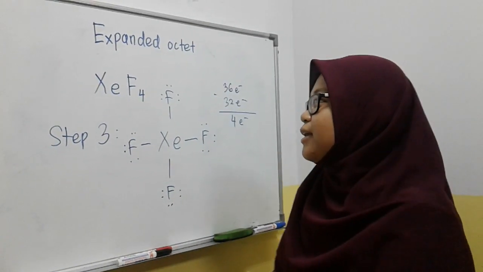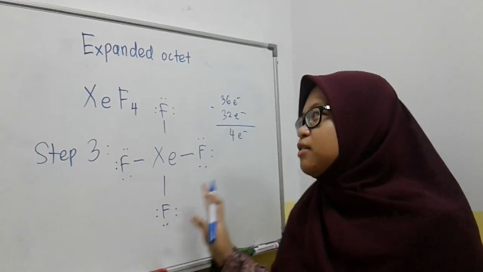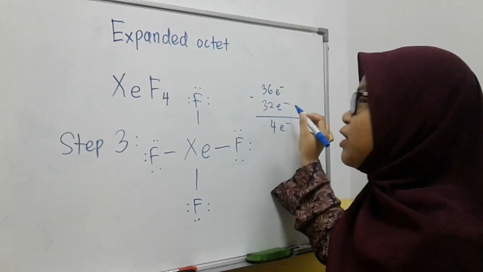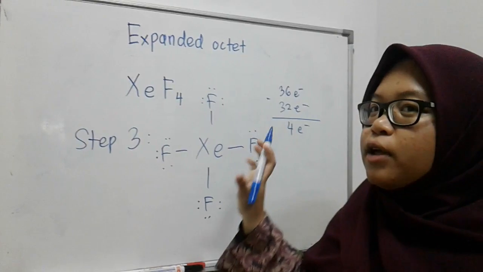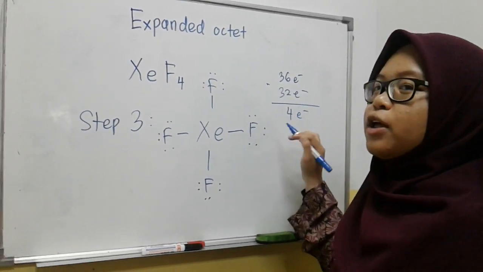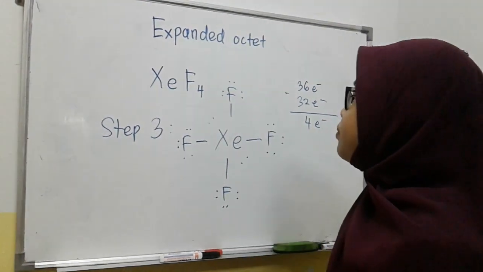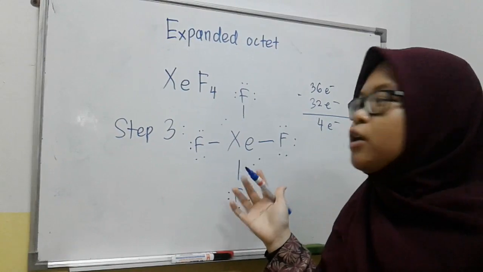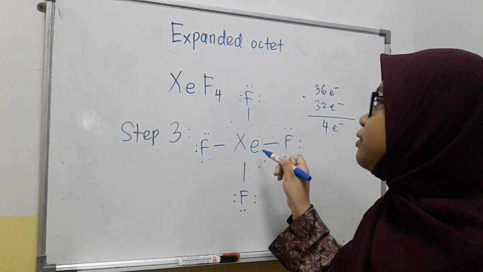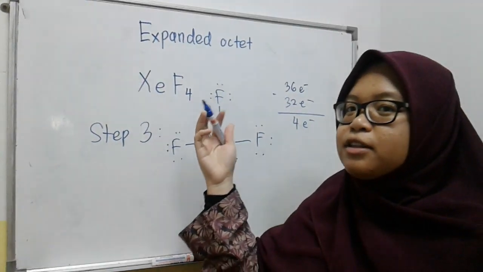Okay. Right. So if you can see, the structure shows 52 electrons, but the real one has 36 electrons. So we have the 4 electrons as a lone pair here, like that. So it shows that the central atom has more than 8 electrons, and that is an expanded octet.